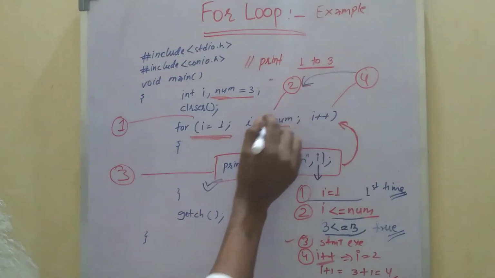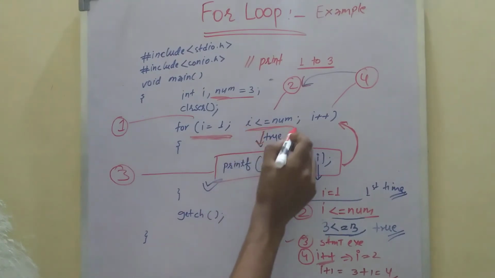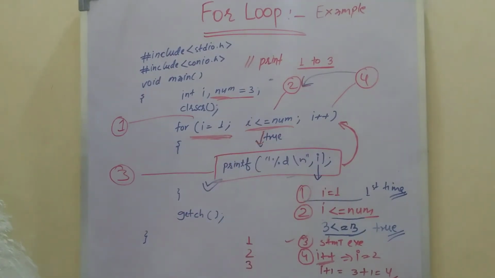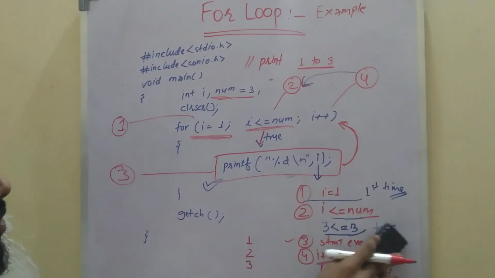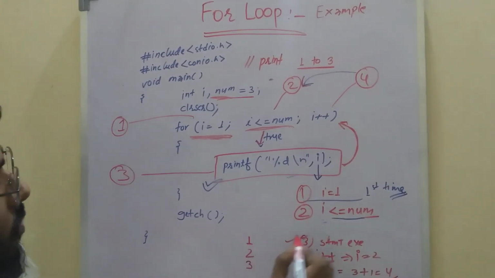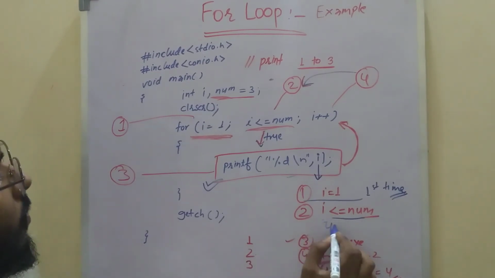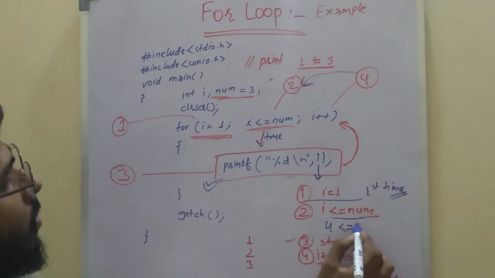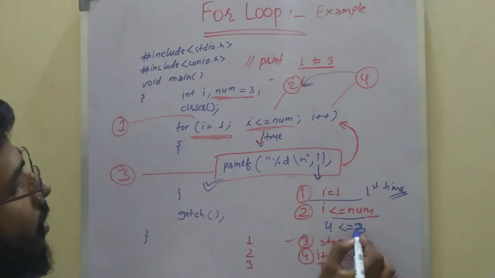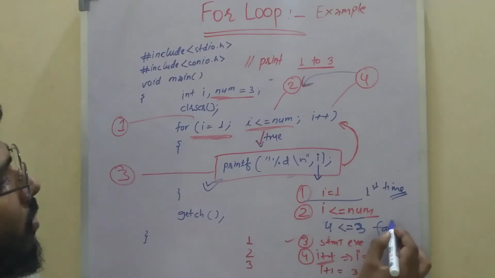It will check the condition, i less than or equal to num. Num is currently 3, and the i value is currently 4. So 4 less than or equal to 3: the condition is false.